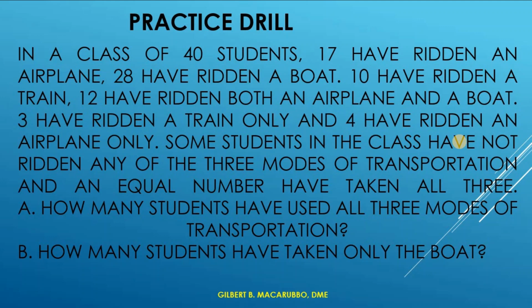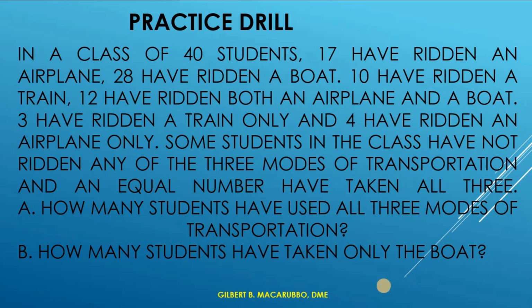Some students in the class have not ridden any of the 3 modes of transportation, and an equal number have taken all 3. So the question is, how many students have used all 3 modes of transportation? And letter B, how many students have taken only the boat?